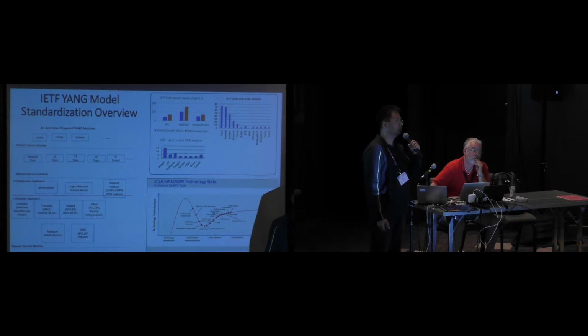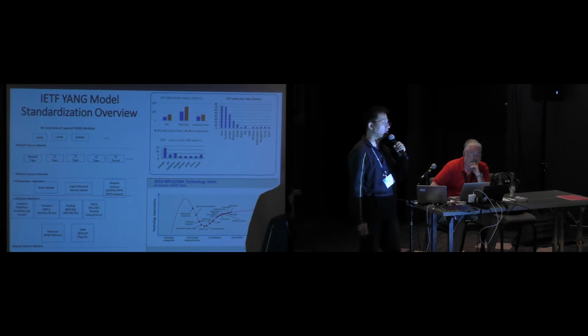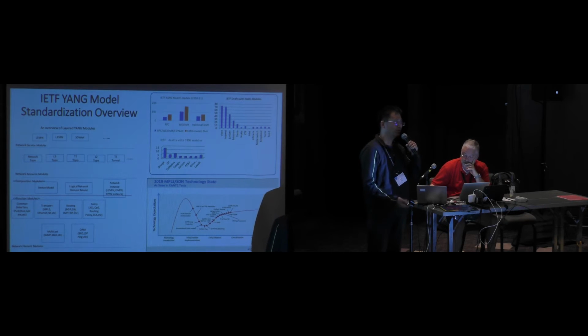YANG data models have gotten a lot of traction. Operators have begun to plan to deploy YANG data models, because YANG not only helps you automate the network, but also allows operators to build more agile services. YANG can model the service from the top, and also model the configuration operations of the device, allowing you to configure protocols on the device and get a network set up.